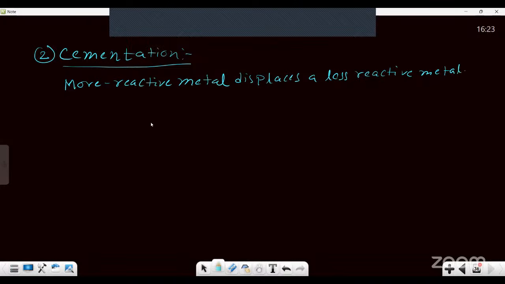Say for example, you have Cu2+ in the solution.